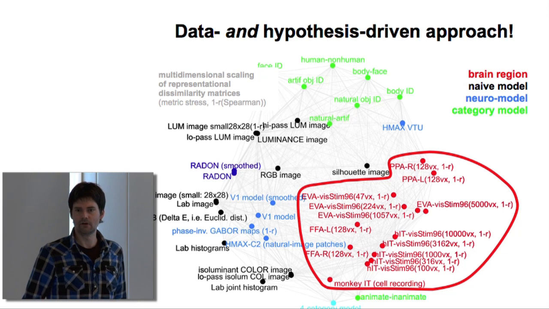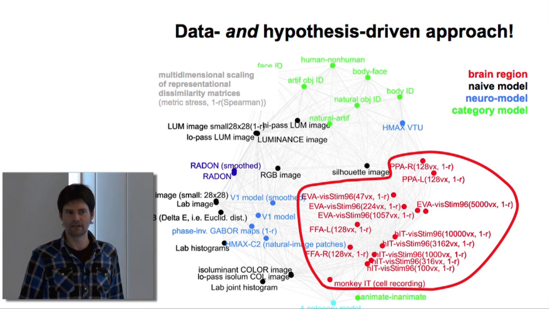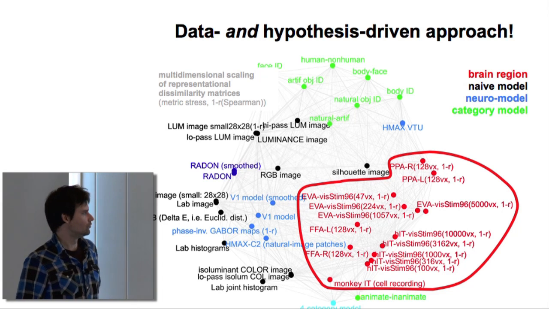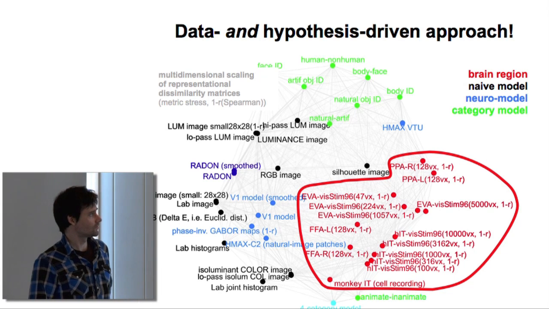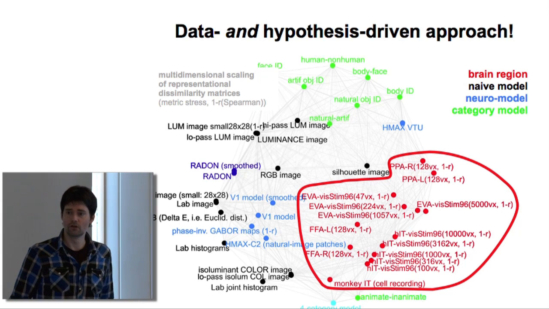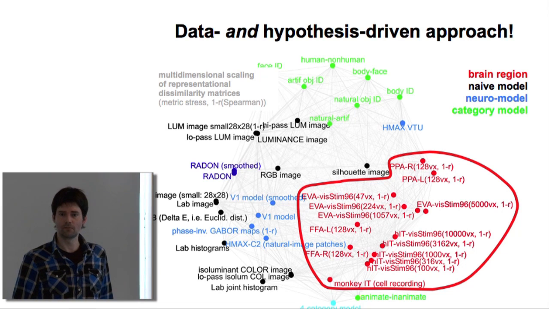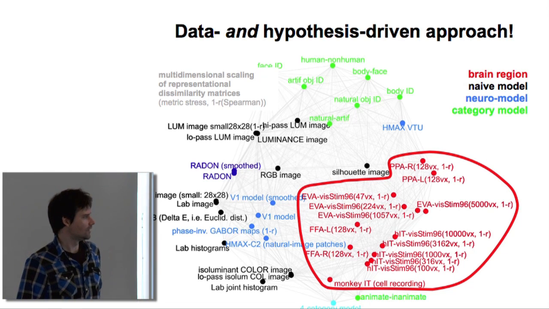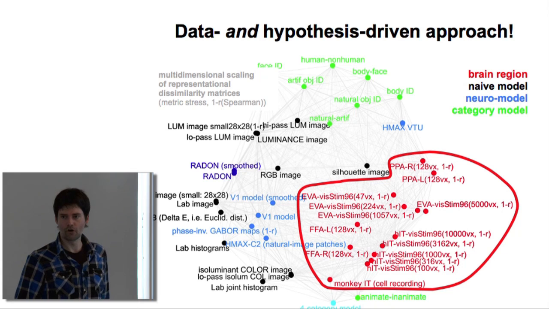So I view that as the challenge for the next 5 years, basically, to explore more models and to also tweak the models, or build new models that do better at explaining our actual data.